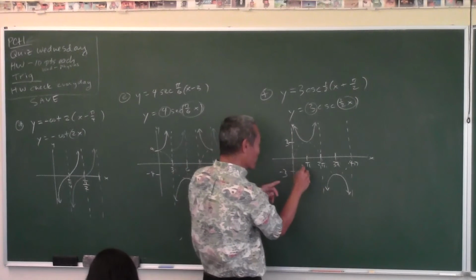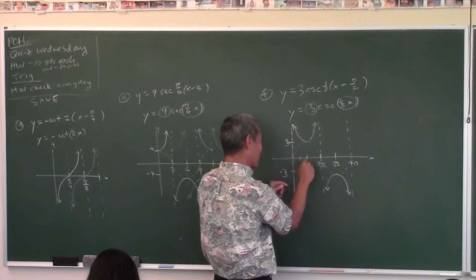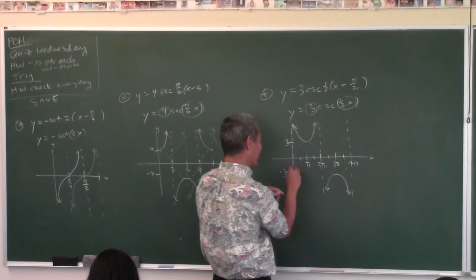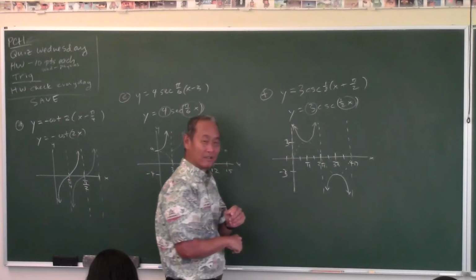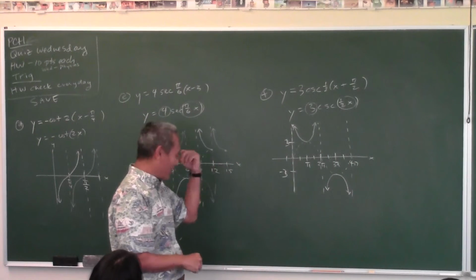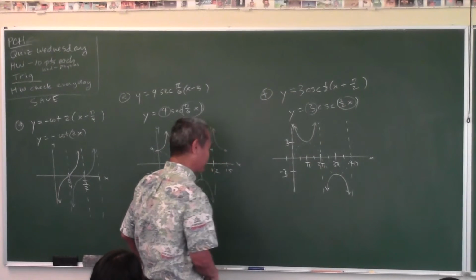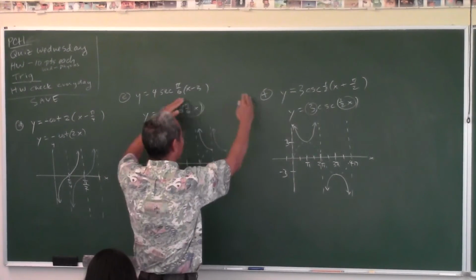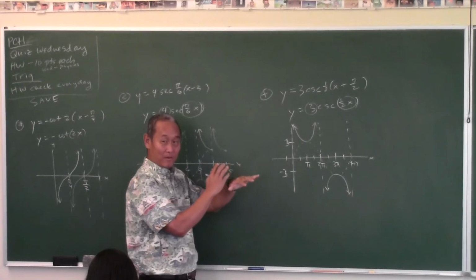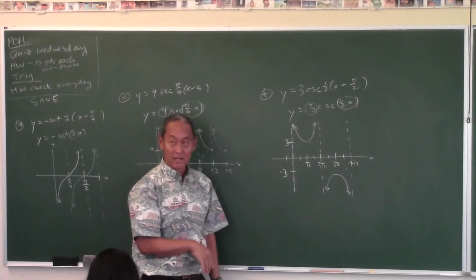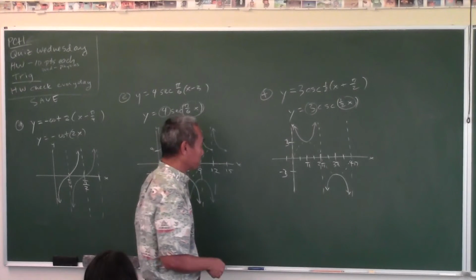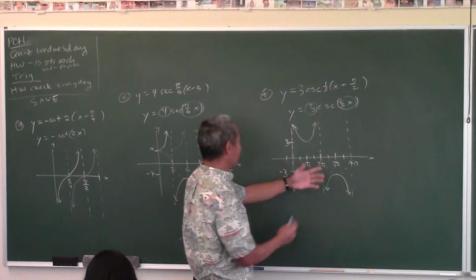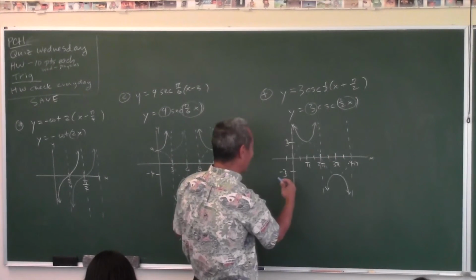So pi over 2 would be half of that, so maybe you might wanna do that then, right? So there. Just shift everything pi over 2 to the left. Because on the final exam, they're gonna give you a grid, graph paper, and it's up to you to put the scaling in and things like that. So just shift everything pi over 2 to the left.